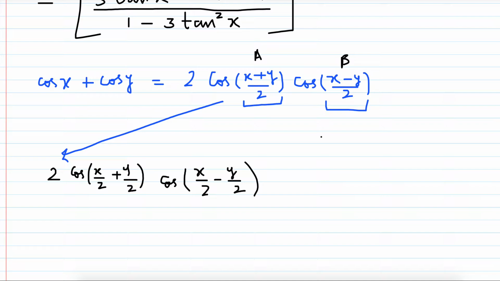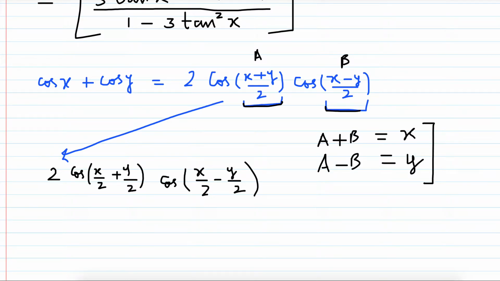So A plus B is equal to x, and A minus B, if we do x plus y minus x, x will cancel out, and y will become 2y in the numerator and 2 in the denominator. So A minus B is y.